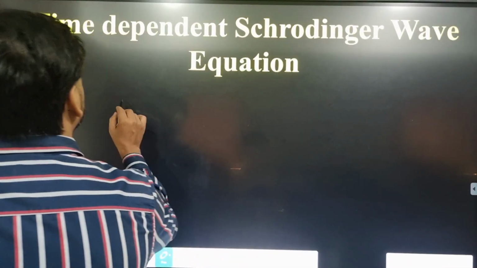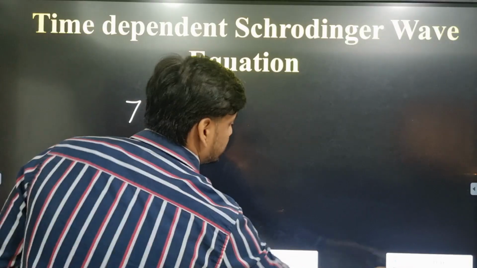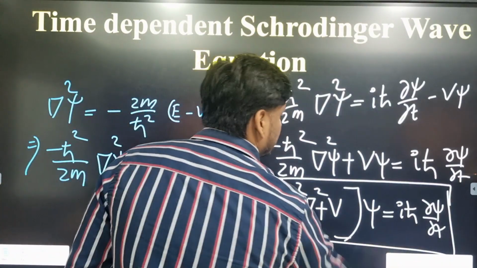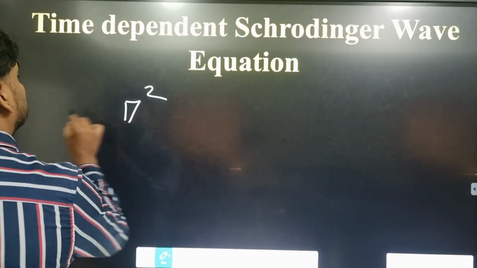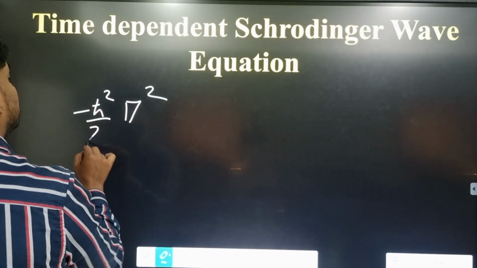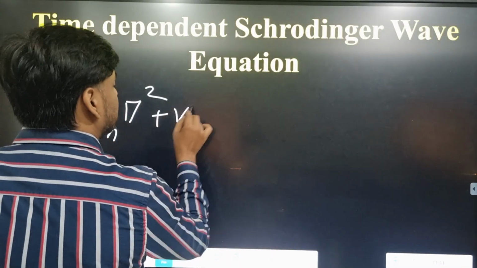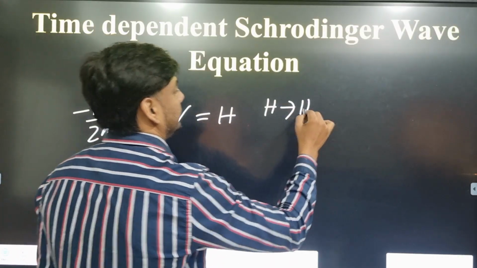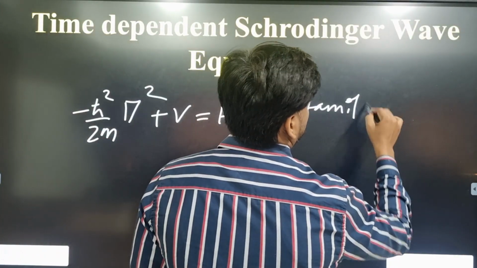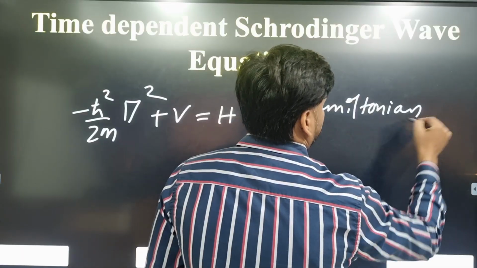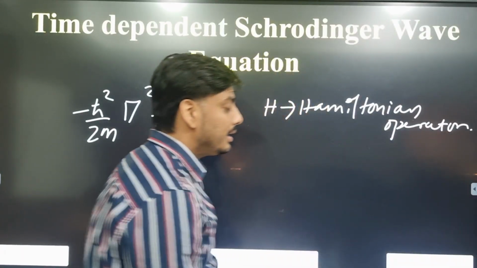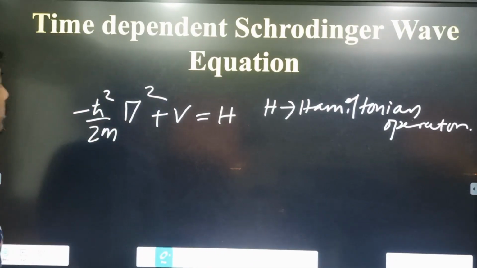You can also write that minus h cross square by 2m into del square plus V is nothing but H. H is the Hamiltonian operator. Just like del is an operator, this is also another modified operator.